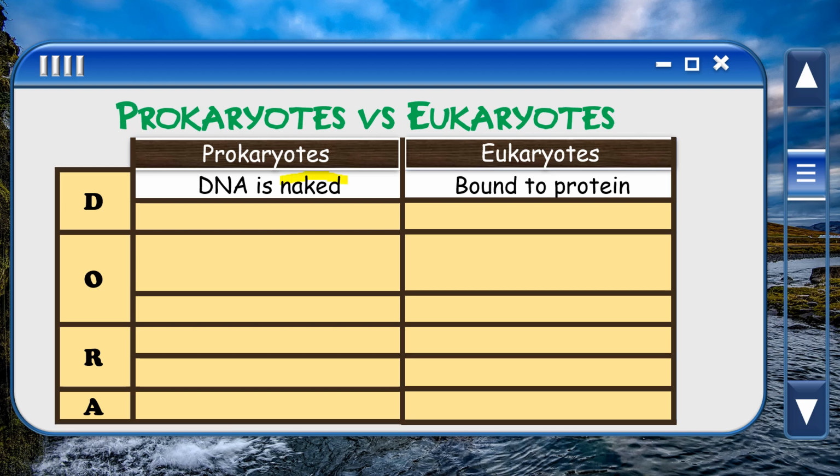The prokaryote DNA is naked, whereas that of eukaryotes is bound with proteins. Still, the DNA of prokaryotes is circular, and that of eukaryotes is linear.